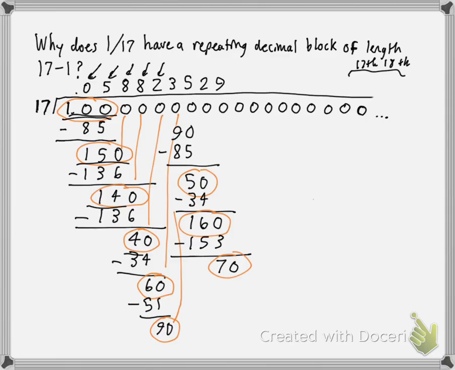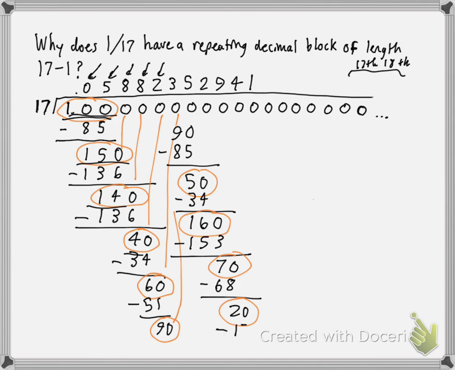17 times 4 is 68. We'll put a 4 up here. We subtract that and we get a 20. Again, a different multiple of 10. Then 17 into 20 is going to be a 1.